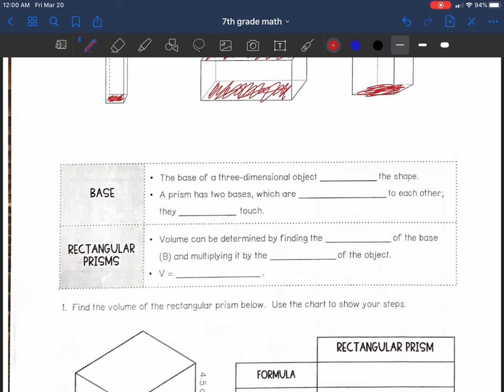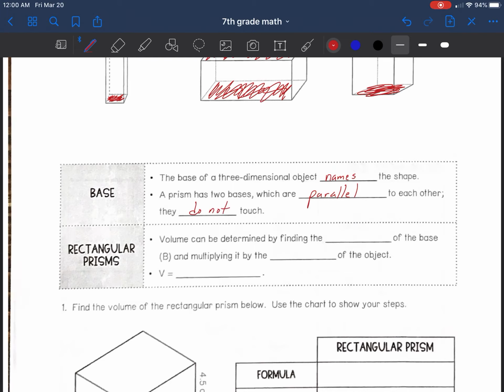The base of a three-dimensional object names the shape. A prism has two bases, which are parallel to each other, and they do not touch.